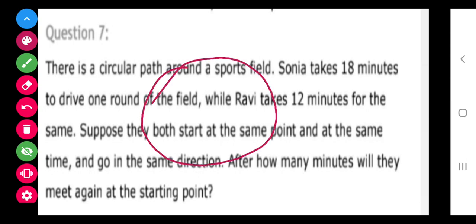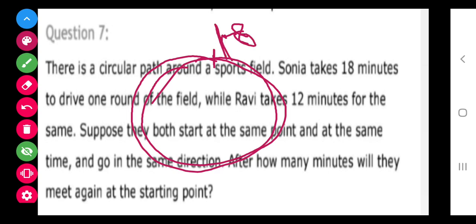In a circular path, Sonia takes 18 minutes to complete this, and Ravi takes 12 minutes to complete this.